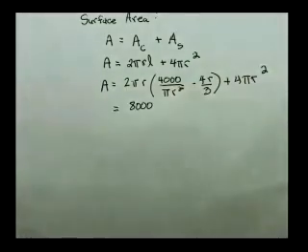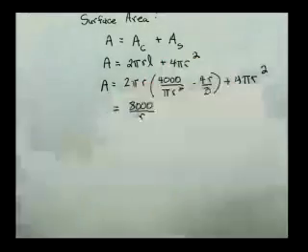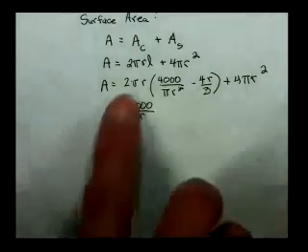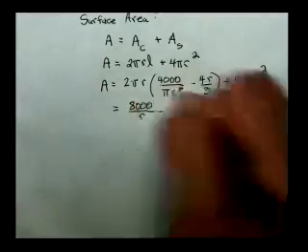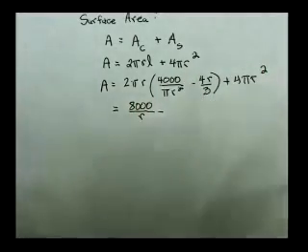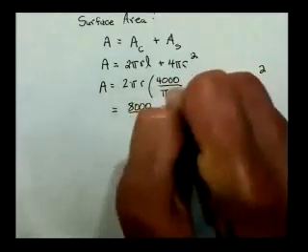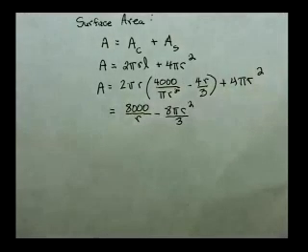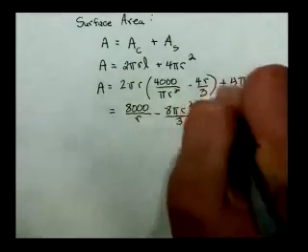The pi's would cancel, and r goes into r squared and leaves r to the first in the denominator. Second term, 2 pi r times negative 4r over 3 would be negative 8 pi r squared over 3. And then I have my 4 pi r squared.